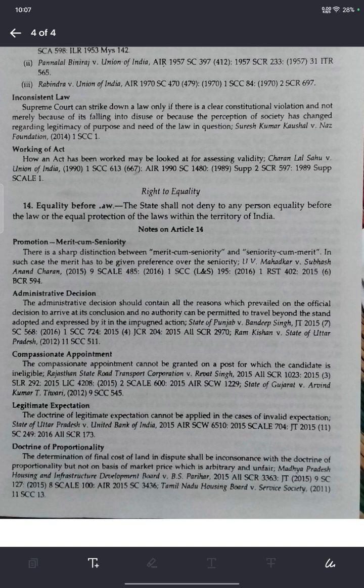When there is a clear constitutional violation, not merely because it has fallen into disuse.